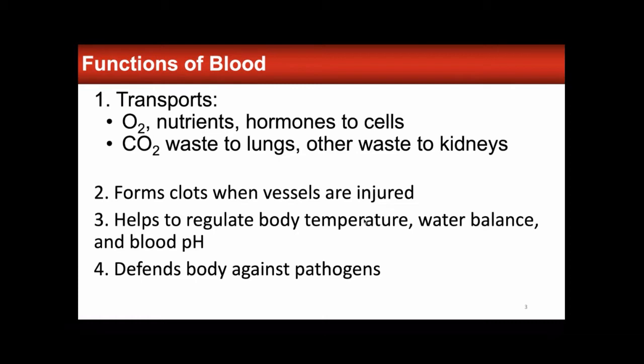So when we talk about transport of waste, I always try to say metabolic waste, but getting rid of it is the job of the urinary system and the respiratory system. And the digestive system is kind of disposing of indigestible parts of our food.